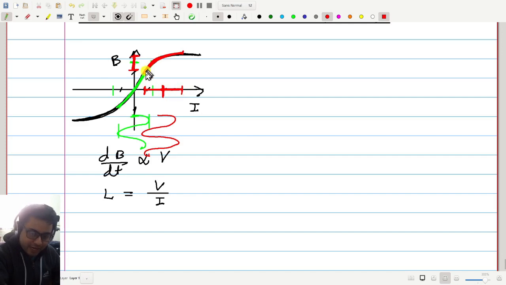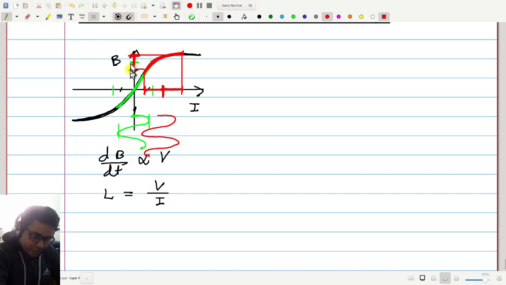If I draw these vertical lines and then extend them like this, this is the range of flux variation. Current is varying from here to here, AC current with a DC offset, and this is the range of flux variation. Flux is varying from here to here, and the rate of change of flux is voltage.